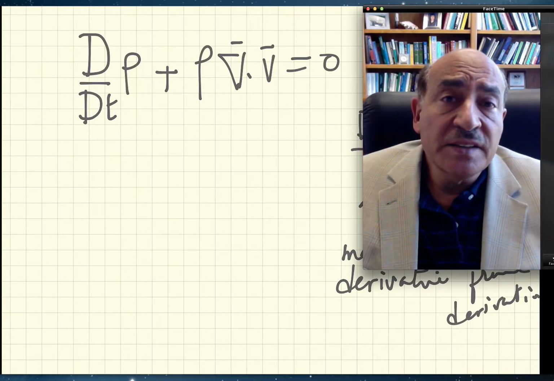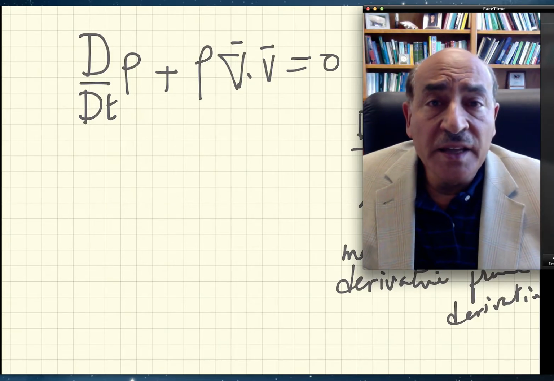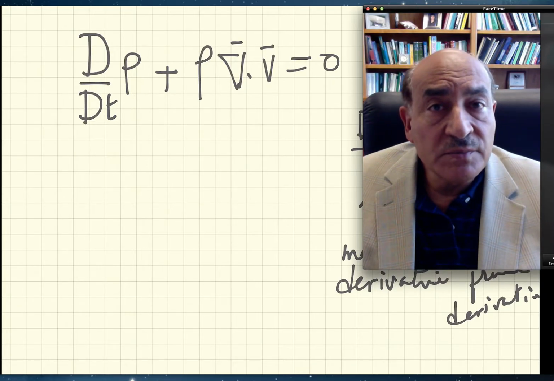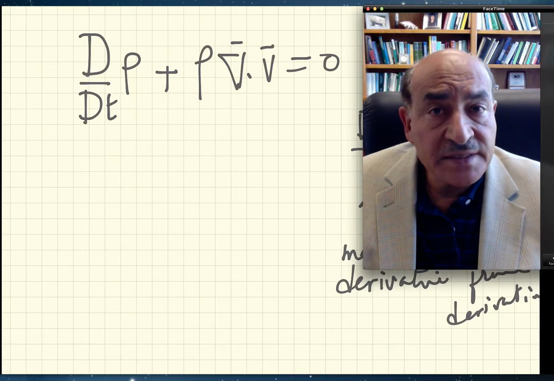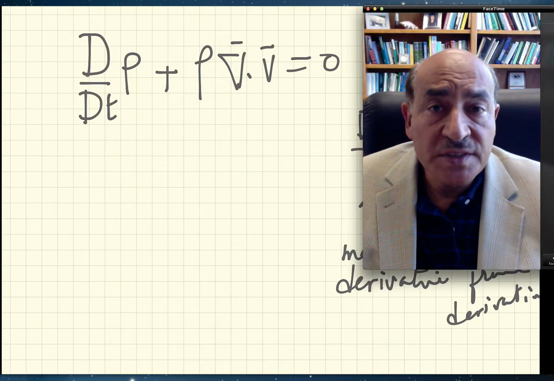So to simplify this conservation equation some more, I'm going to have to look at the divergence of the velocity vector v. And I'm going to make an assumption that we have an incompressible fluid. If we're talking about casting, for example, that's a pretty good assumption. If we talk about chemical vapor deposition, that's going to be a poor assumption.